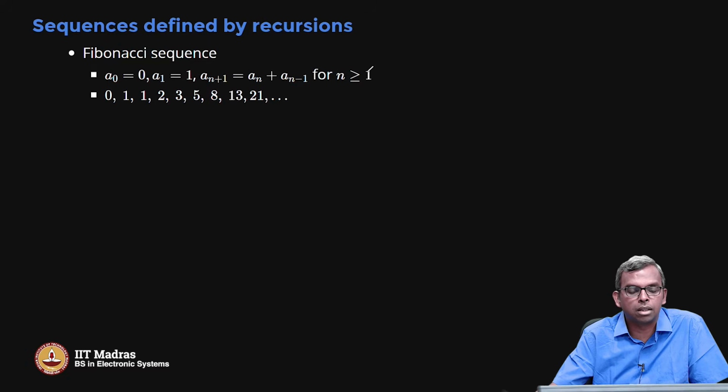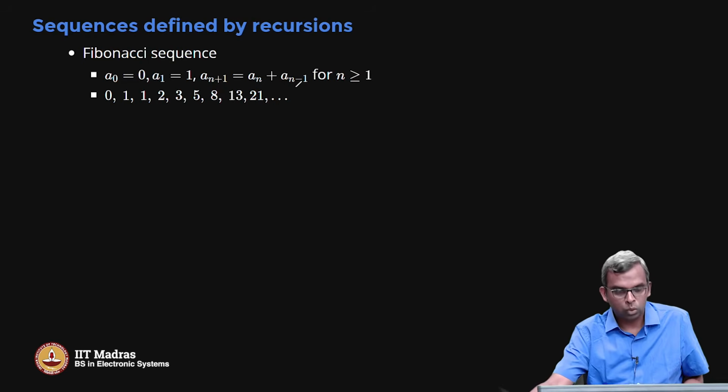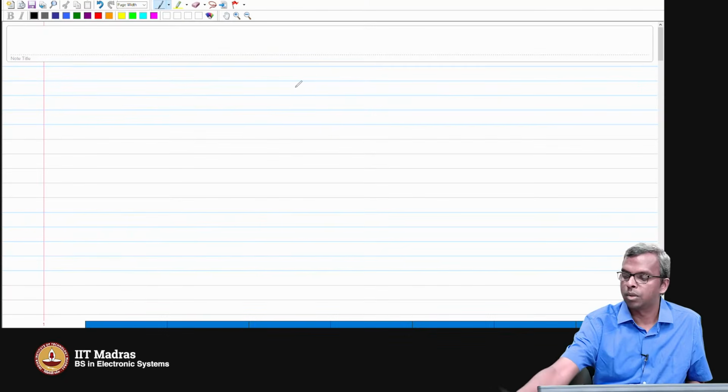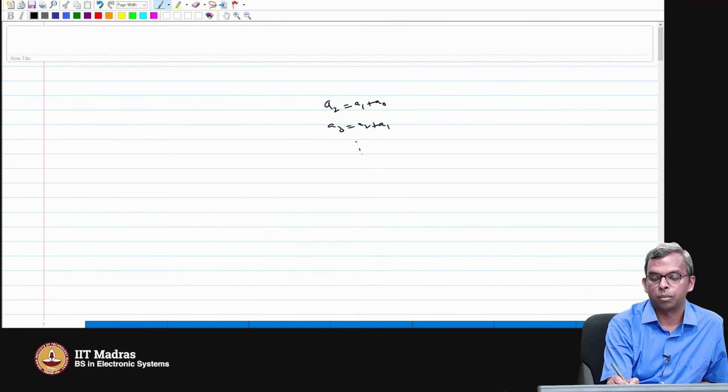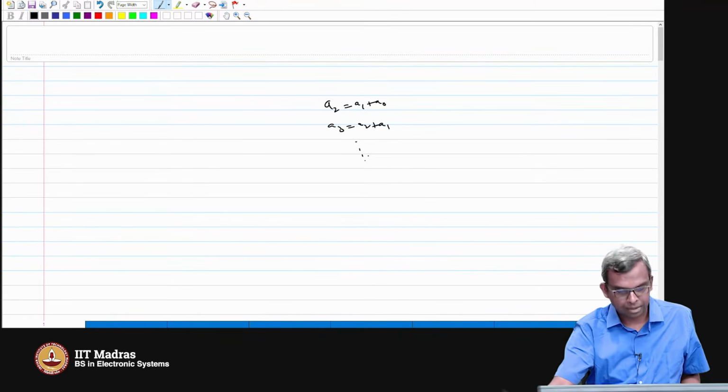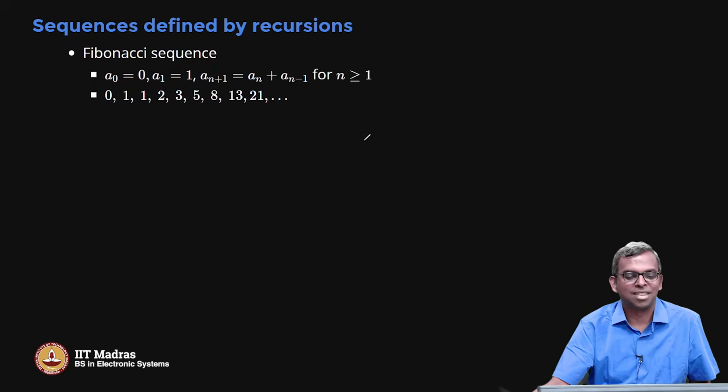So if I put n equals 1, what happens here? It gives A2 is A1 plus A0. Do you see that? So that's what it means. A3 is A2 plus A1, and so on, right? So that's the general definition of this recursive equation.